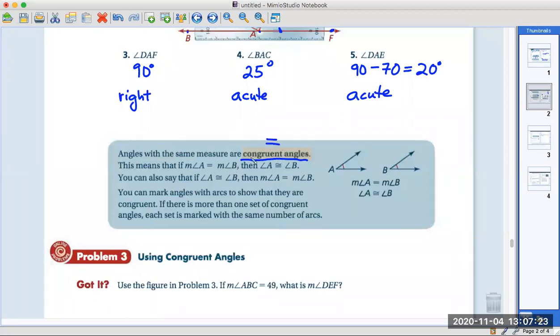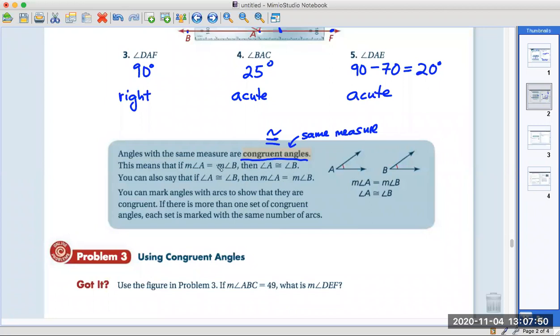The symbol for congruent is an equal with a tilde. Congruent means same measure. In geometry, we use congruent. In algebra, we use equal.